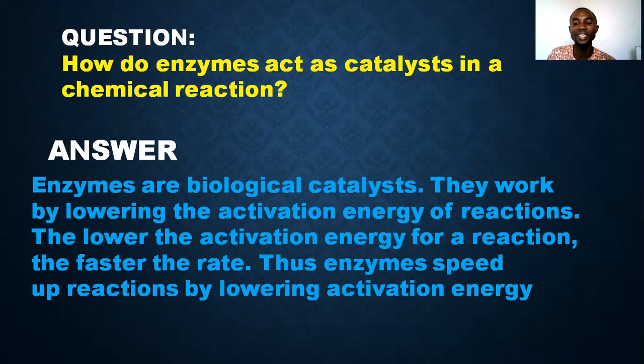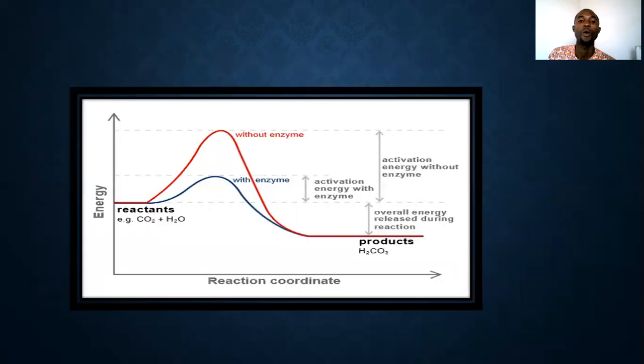Thus, enzymes speed up reactions by lowering activation energy. Once the maximum energy that needs to be surmounted is lowered, the reaction is faster. So lowering of activation energy is what enzymes, or catalysts, do.